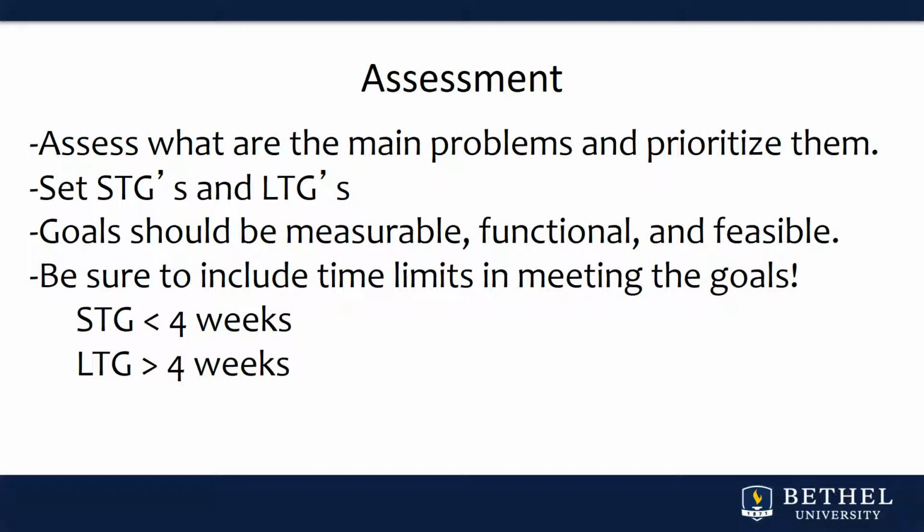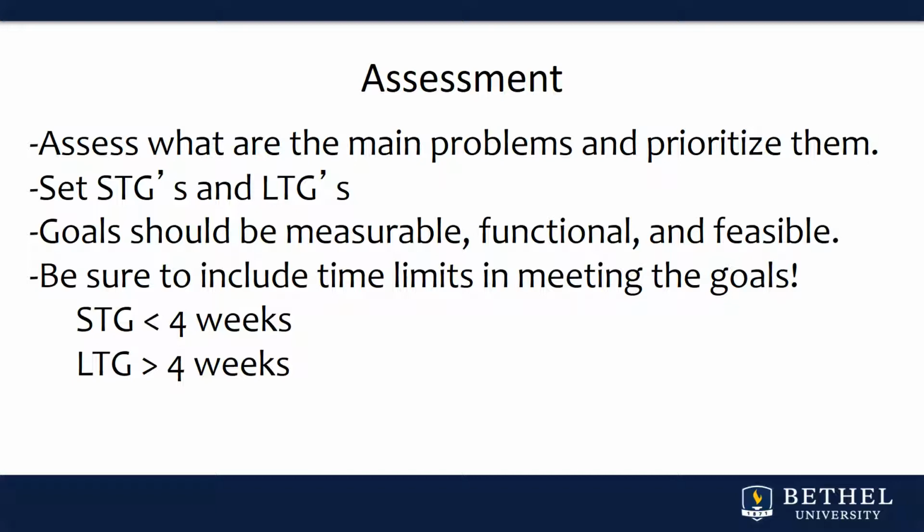So for example, we might state we'll decrease pain from 5 out of 10 to 3 out of 10 so that the patient may ascend stairs reciprocally without pain. It's a function that they're working toward. And then finally is feasibility. So how feasible is this goal? And as you practice, you'll get better at knowing how feasible goals are.